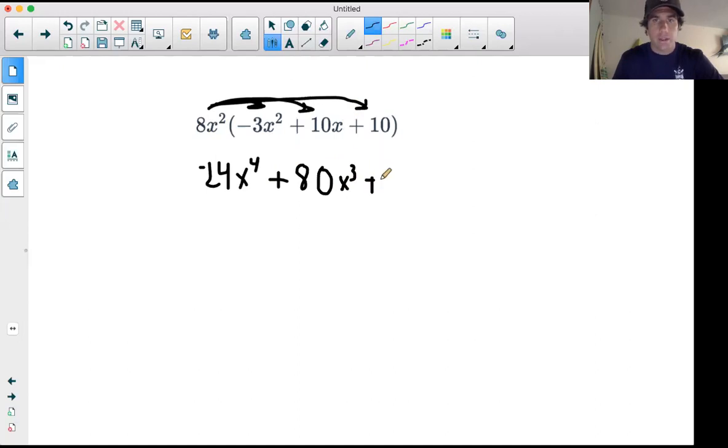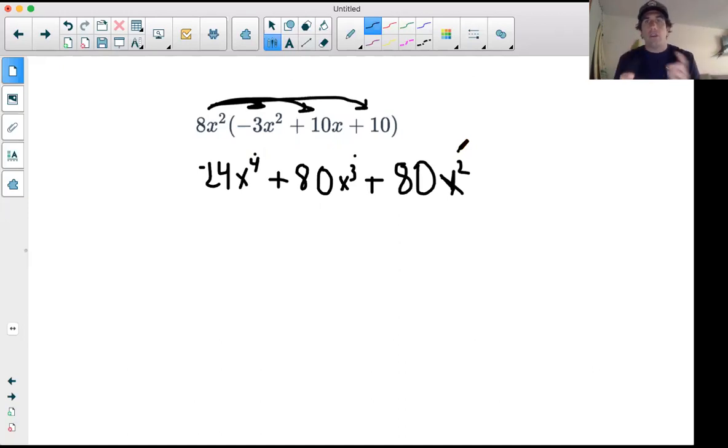Plus 8x squared times 10 is going to be 80 because you do the coefficients, which is 10 times 8 is 80, and keep the x squared. The reason why you just keep the x squared here is because there's no x term here with the 10. That's it. And you look, you go, okay, am I done? Exponent 4, exponent 3, exponent 2.